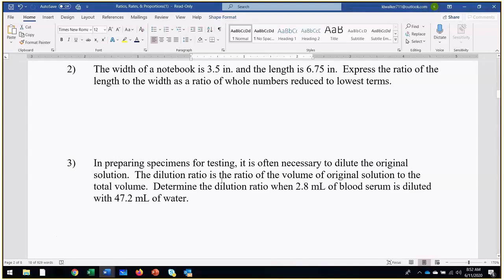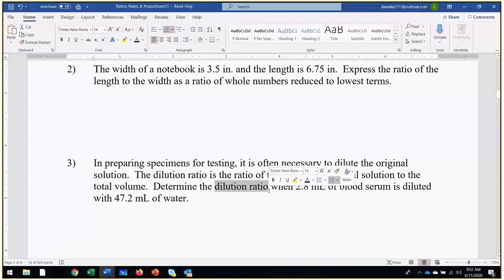Determine the dilution ratio. And then they told us prior to this what a dilution ratio is. The dilution ratio is the ratio of volume of original solution to the total. The original solution is whatever it is you're working with. So in this case, it'll be the blood serum.